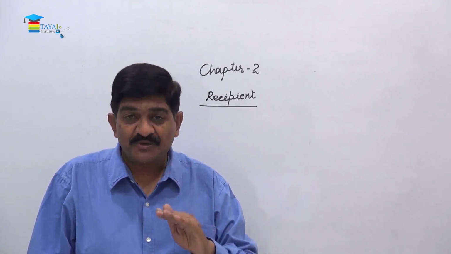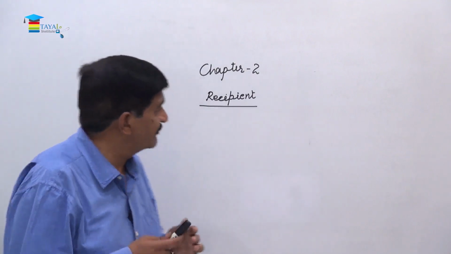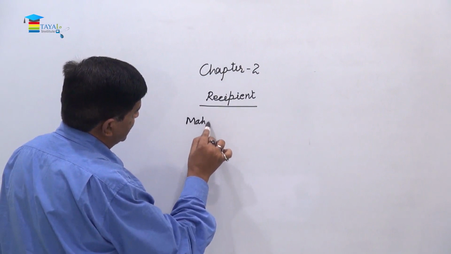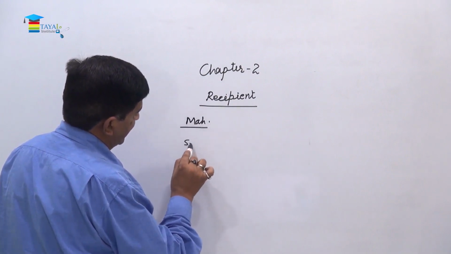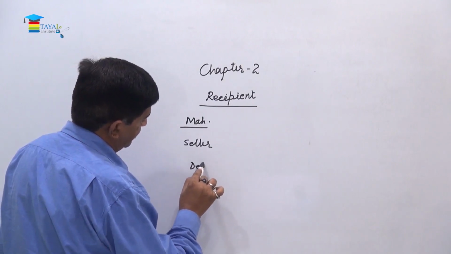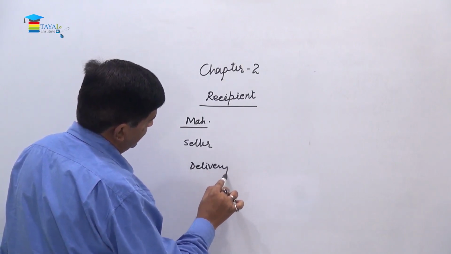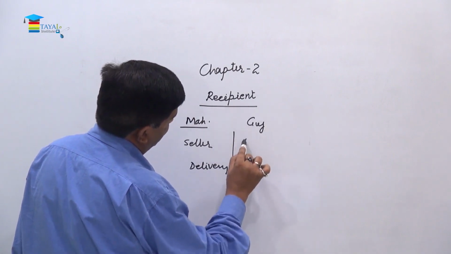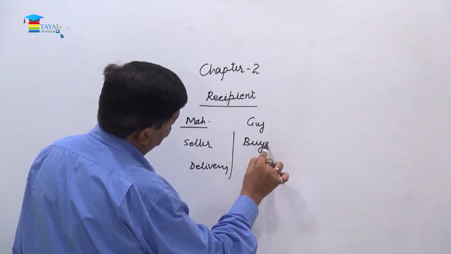Right. Just to give you an illustration, assume Maharashtra. Here is a seller and here is a delivery. Both are in the same state. But the buyer is in the state of Gujarat.